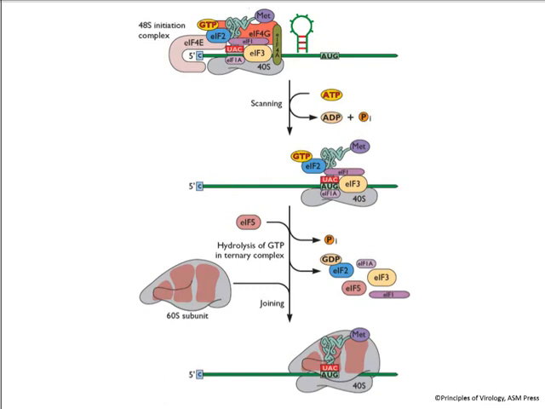So most of these protein factors fall away. As you can see here, EIF2, 5, 3, etc. Another factor comes in called EIF5, and what that does is helps the 60S subunit to join to the 40S right there on the AUG codon, and now you're ready to start translating.